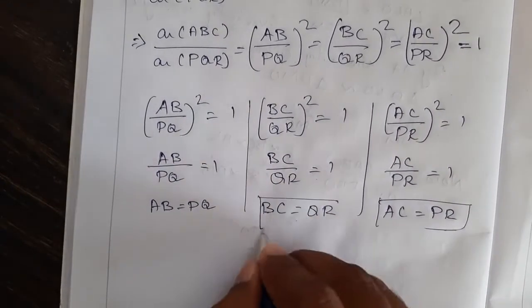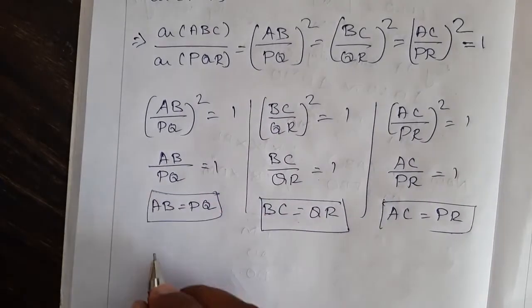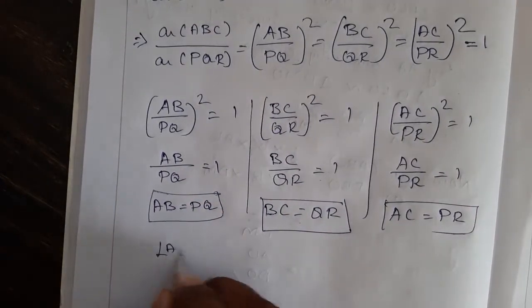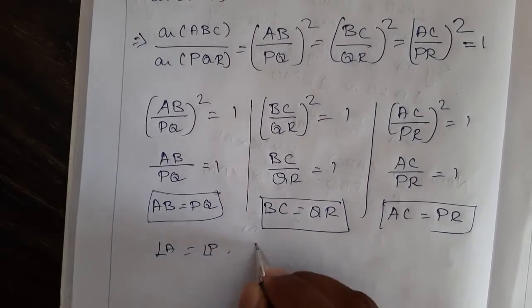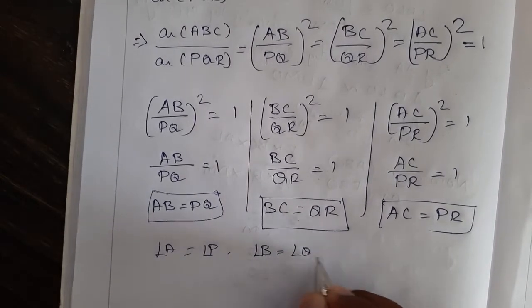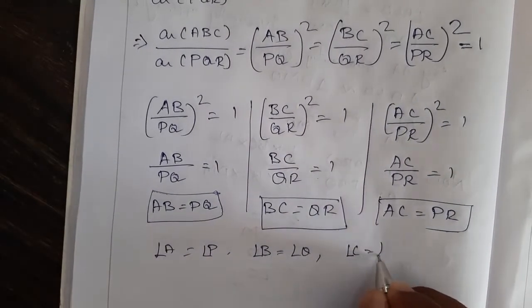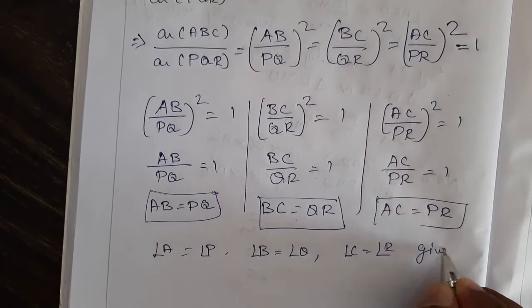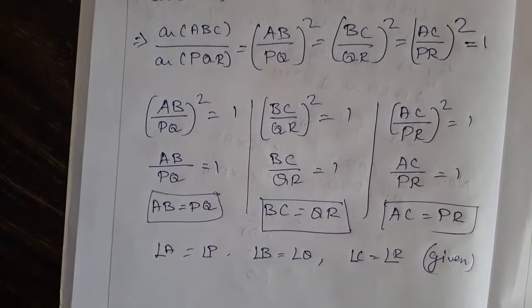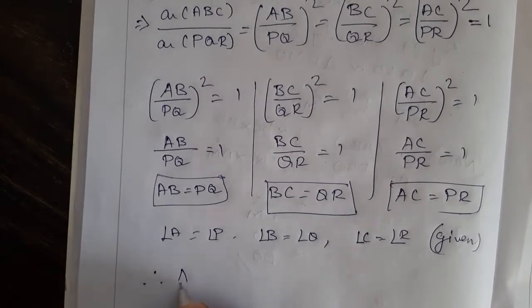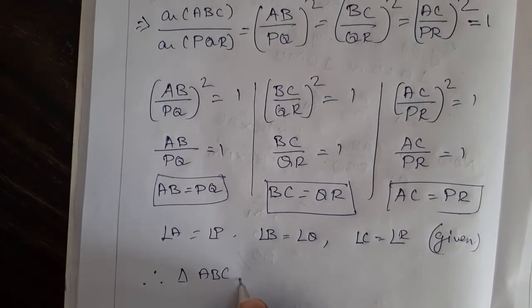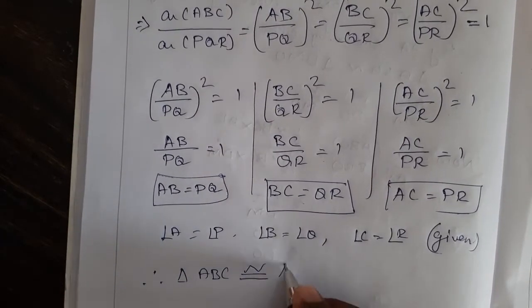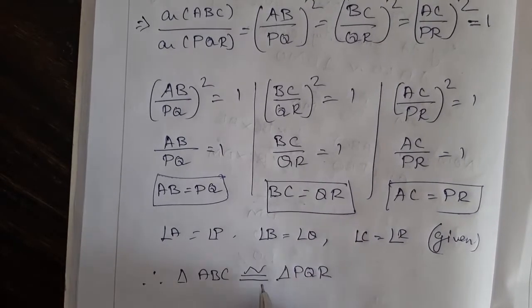So this is what we have proved, and already we know that angles are equal, right? Angle A is equal to angle P, angle B is equal to angle Q, angle C is equal to angle R. Since it is given that they are similar, all the angles will be equal. Therefore, triangle ABC is congruent to triangle PQR. This is the congruent symbol.